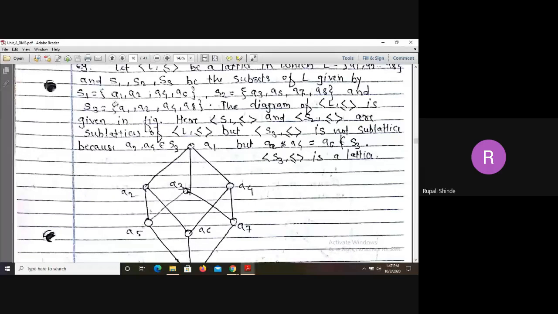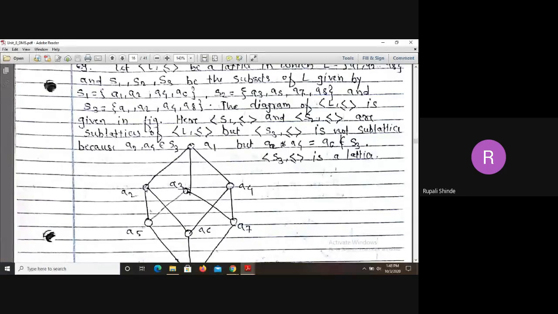Now we have to check whether S1 is closed under star and XOR operation. If it is closed, then we can say that S1 is a sublattice of the given lattice. How do we check this? We consider any pair of these elements. Consider A1, A2: A1 is located here, A2 is here.